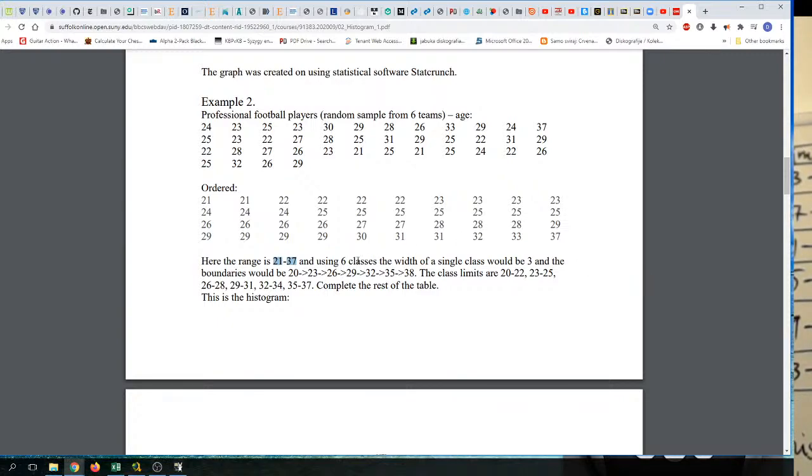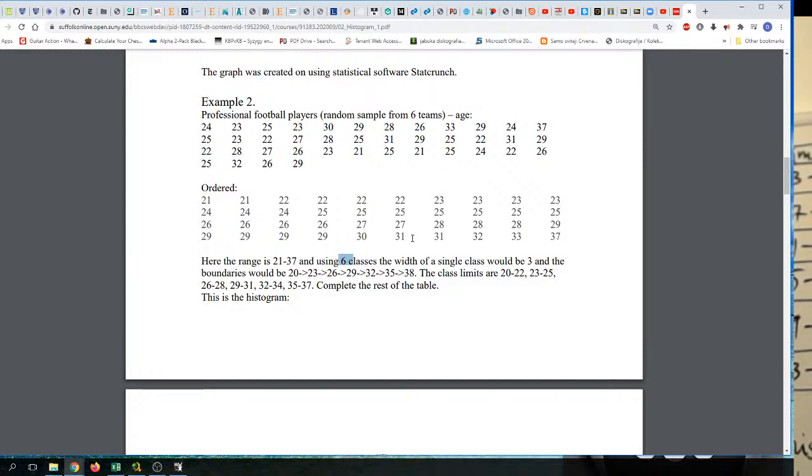If I use 6 classes, and I might do 7 classes here, I might do 8 classes, I don't know. Depends on what you like. I personally selected 6 classes because I noticed that lots of numbers are the same here. For example, 22, 22, 22, 22, 4 times, and then 23, 1, 2, 3, 4 times, and 24, 3 times, and so on.